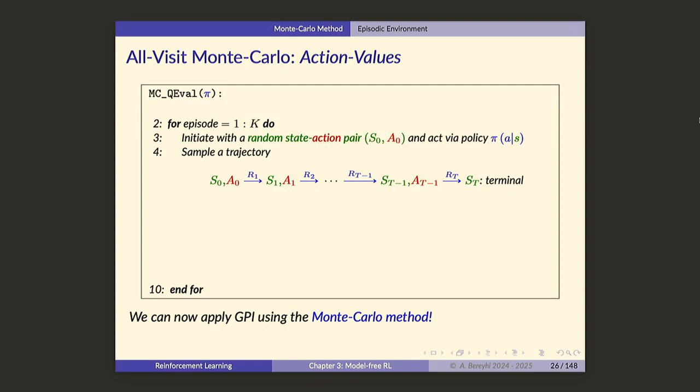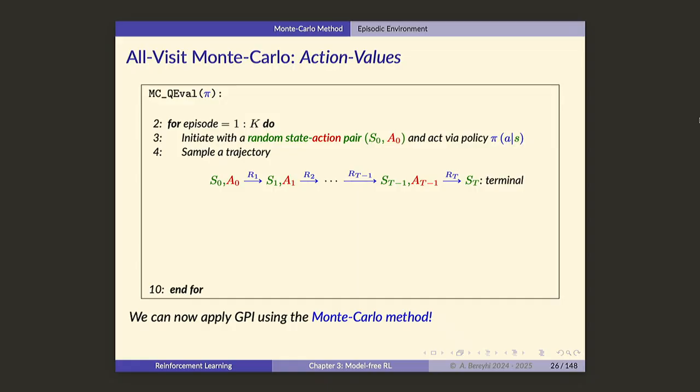Now, if I look at this one at S0 and A0, I have collected R1, R2 towards the very end, right? Correct? So if I add them up, this is one sample return given that I was in state S0 and I did action A0.